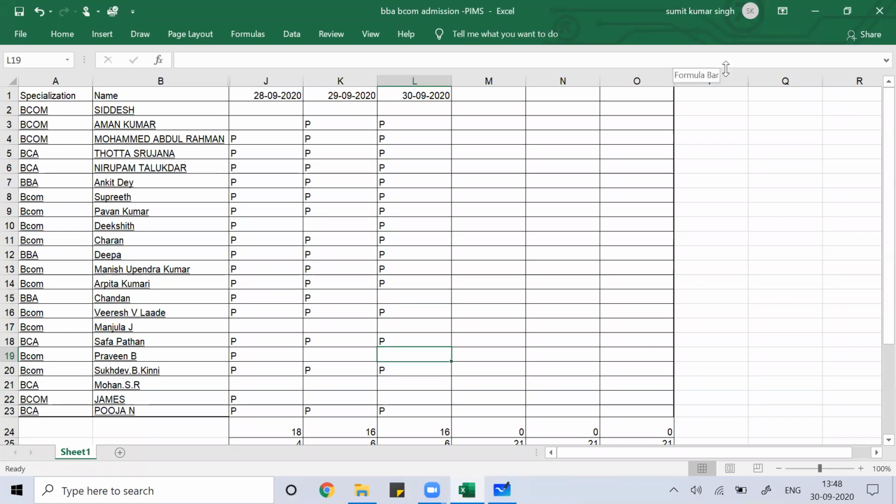Sukhdev is there. James is not there, right? Fine. Siddesh is absent. Chandan is absent. Manjula is absent. Praveen is absent. And Mohan is absent.